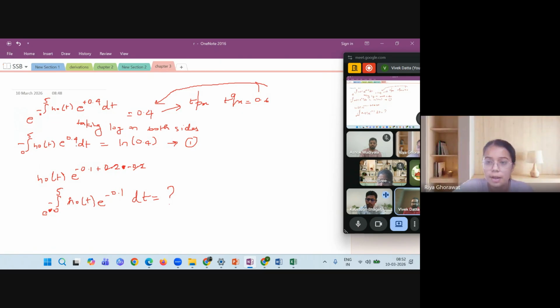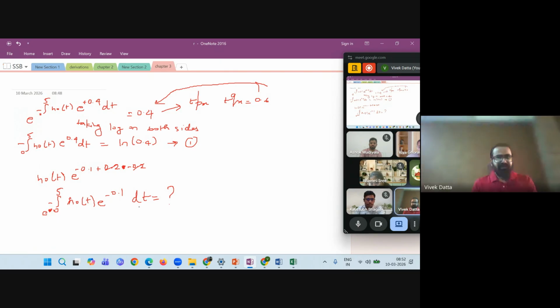Minus 0.9160. So same way here, can I not do ln of whatever the value is? So I'll get minus 0 to 5 h naught t e raised to minus 0.1 is equal to ln of this whatever value.